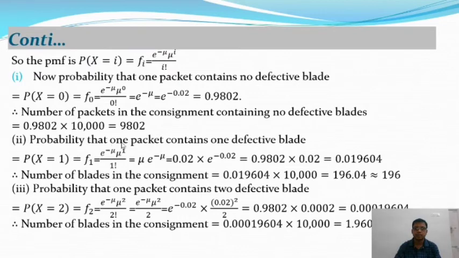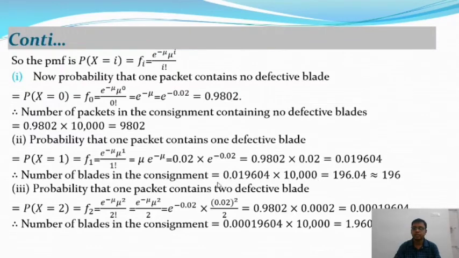So when we take one packet with one defective blade, it is the probability of X equal to 1. That means f1 is equal to e to the power minus mu into mu to the power 1 by 1 factorial, that is mu into e to the power minus mu. This equals 0.02 into e to the power minus 0.02, where the value of e to the power minus 0.02 is given. After calculation we get 0.019604.